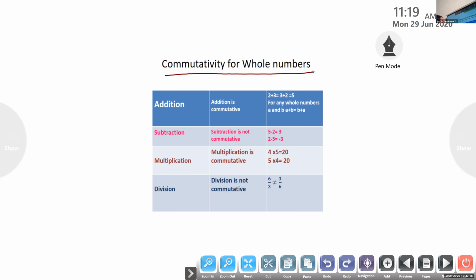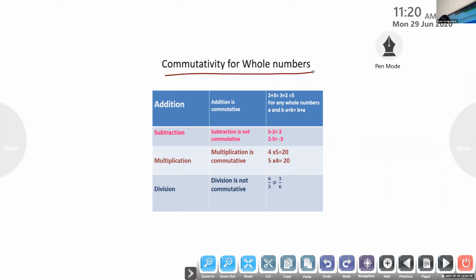Commutativity means when we add two numbers in one order and then change the order, the answer will be the same. Then we can say that operation is commutative.